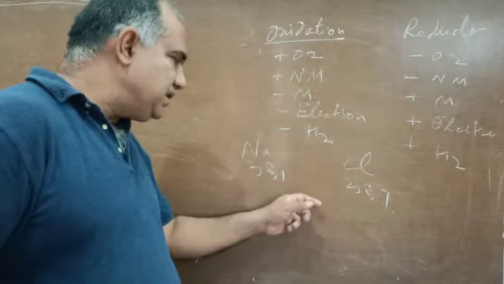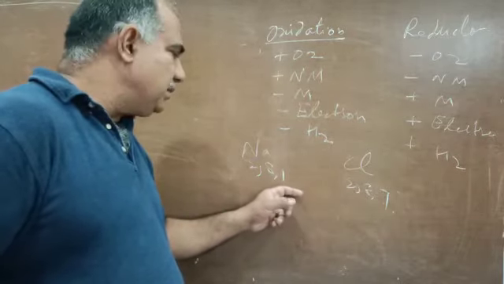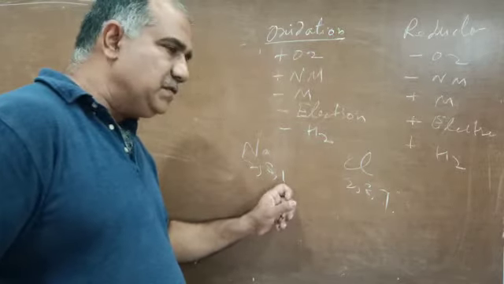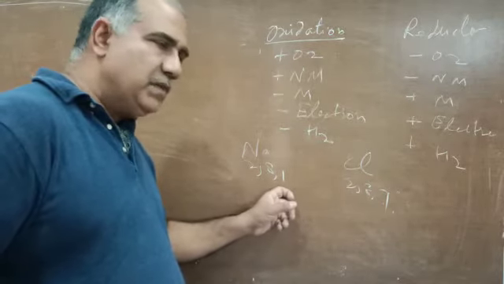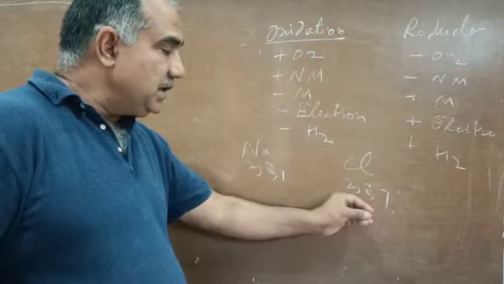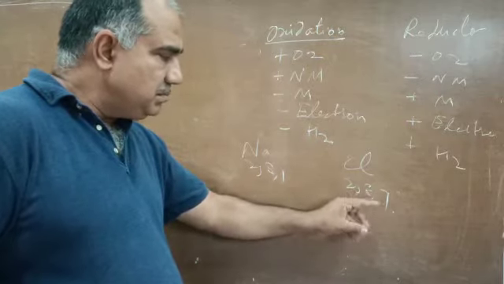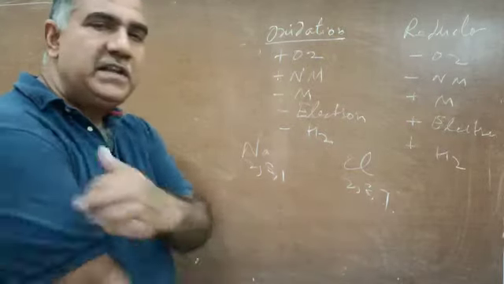Making 8 in the third is possible for chlorine by gaining 7, but because of energy considerations it is not possible. Rather than that sodium will lose 1, and chlorine will gain 1, because energy considerations say it is easier for chlorine to gain 1 than to lose 7.